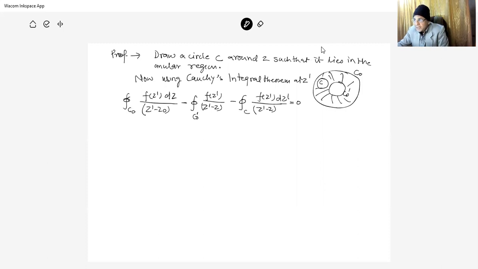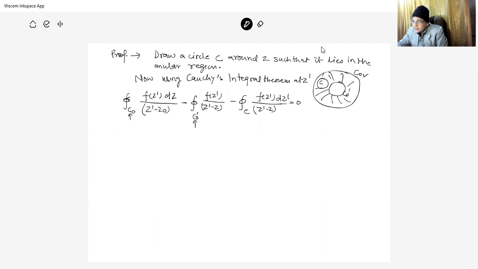So what we have considered here is C0 minus C0 dash, which means we are taking the annular part, and then the another new circle, that is C.